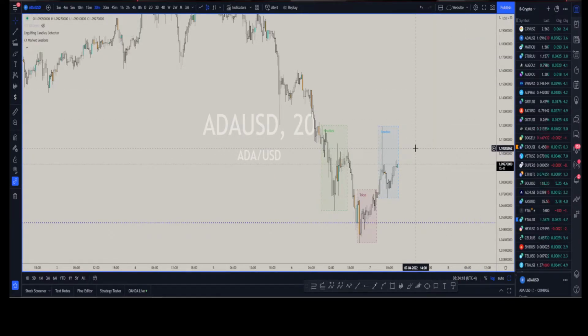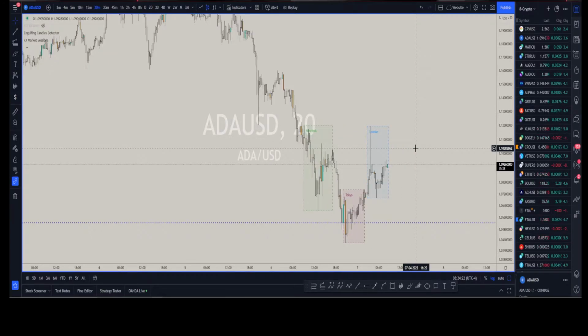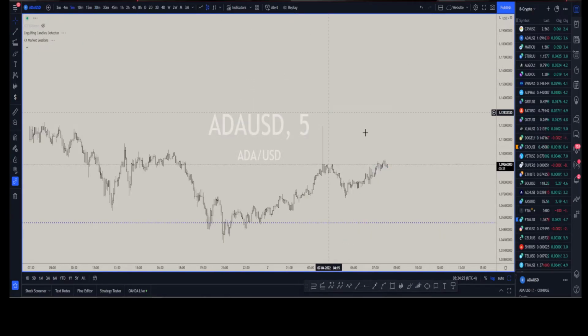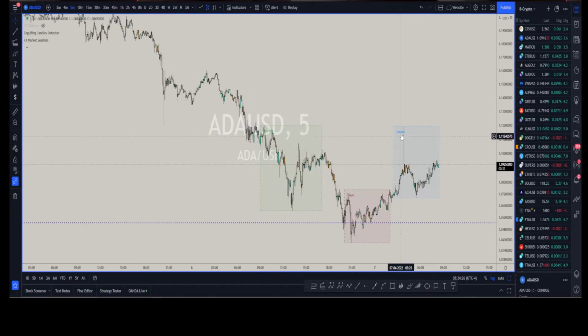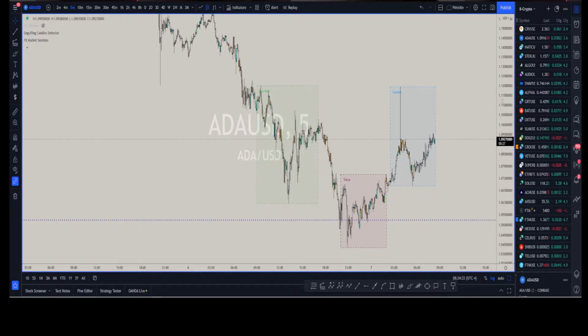You have the 20 minute. Give me 1 second. I need to see it because my 5 minute tells me different. Tells me that it took out the liquidity, but yours is telling something else. That's the 5 minute. Still not the same.